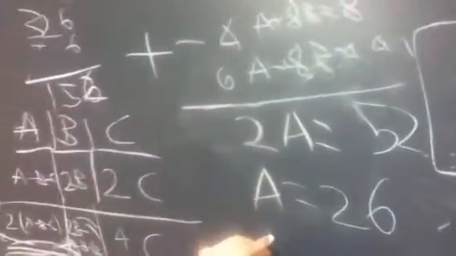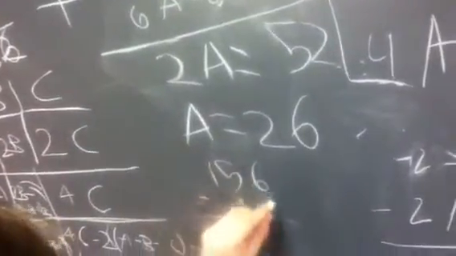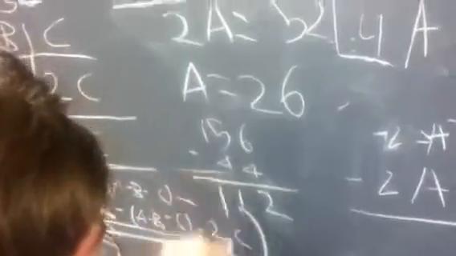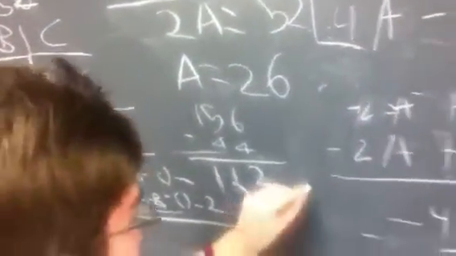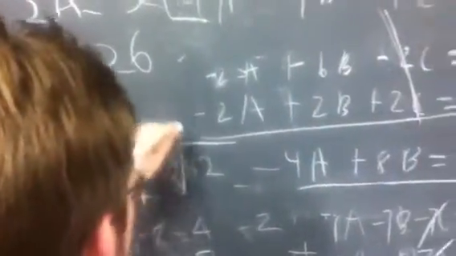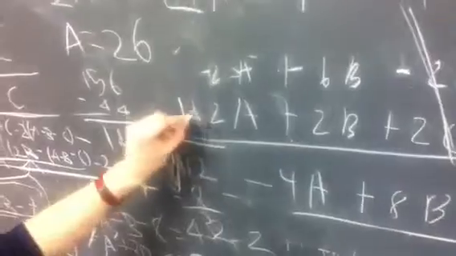So I could find the negative 156 minus 44. This should equal 8b. That is 112. 112 divided by 8, so b equals 14.